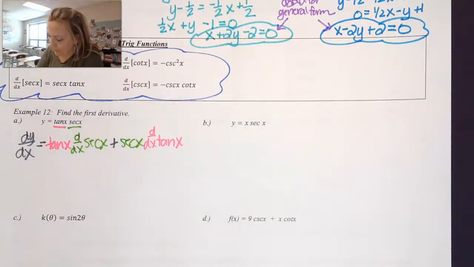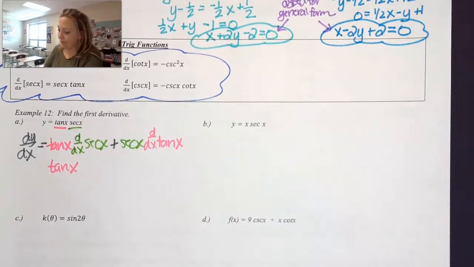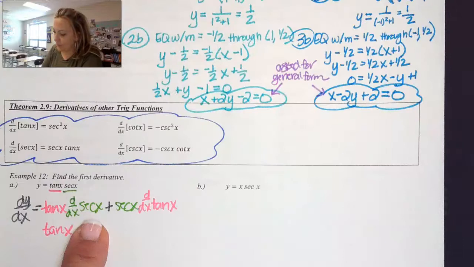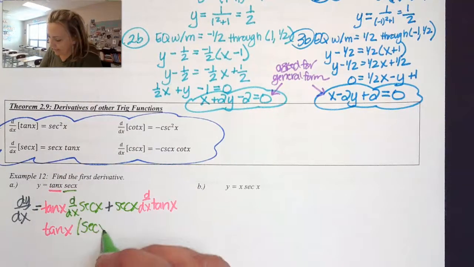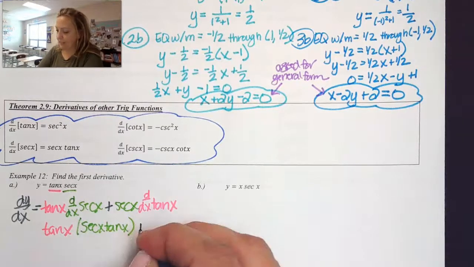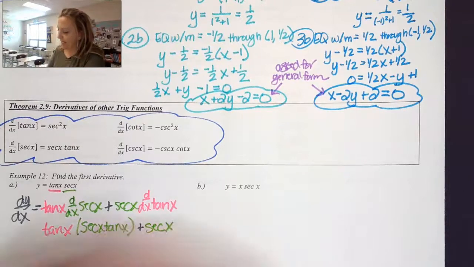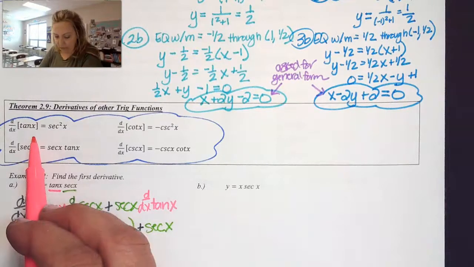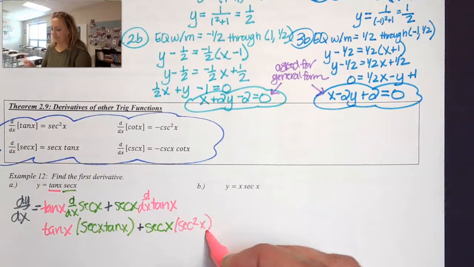So again, we're going to have tangent of x. And now let's find the derivative of secant x. It says the derivative of secant x is secant x tangent x, plus, now we have secant x, and now we're going to take the derivative of tangent x, which is secant squared x.